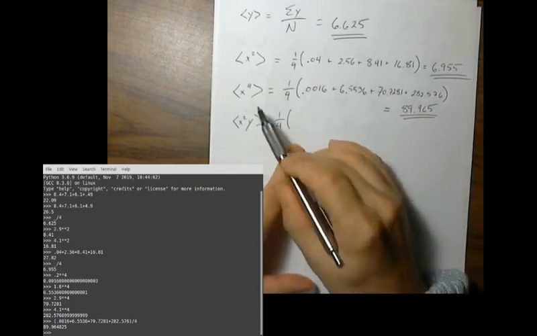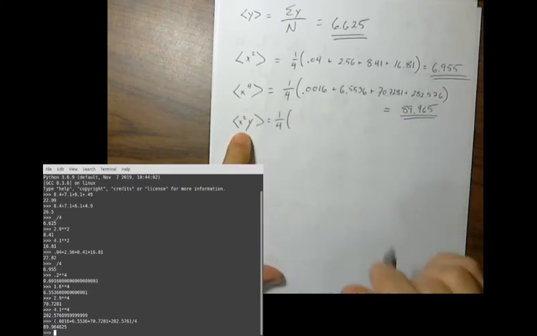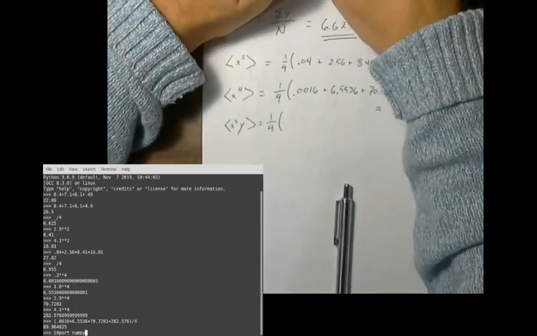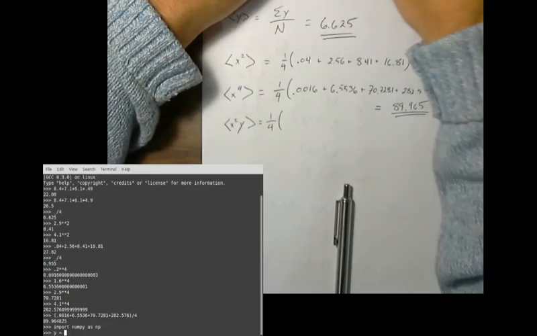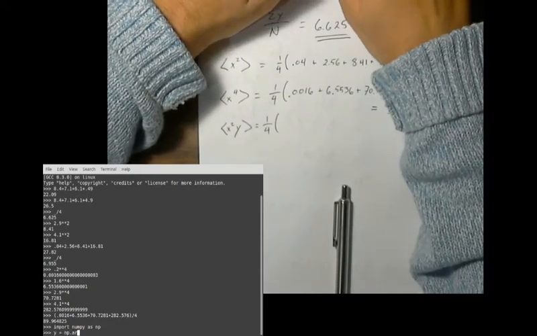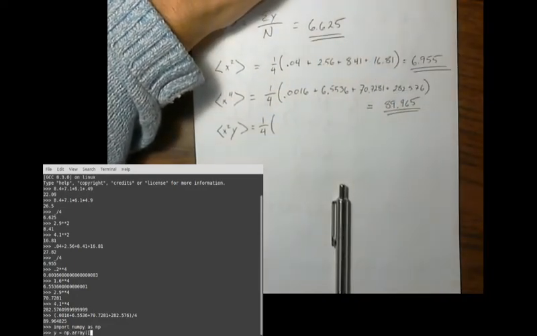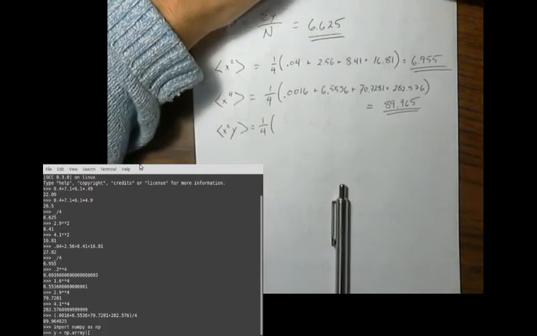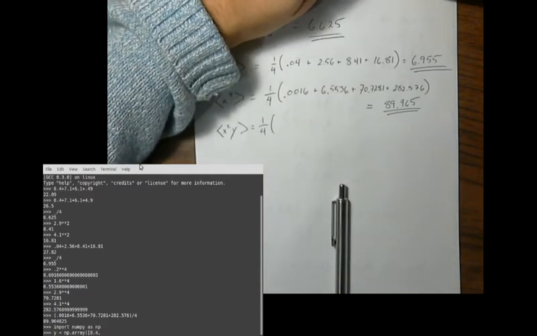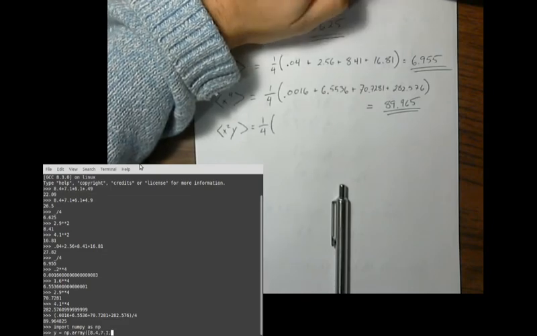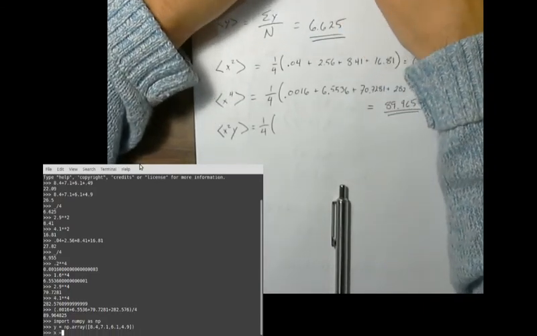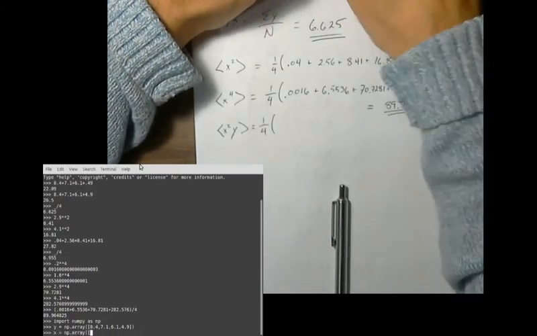I need to calculate y times x squared. Why not show off Python? I'm not going to do this manually. Let's do it the way I would really do it. So here's my data. You can do it manually, or I can define arrays.